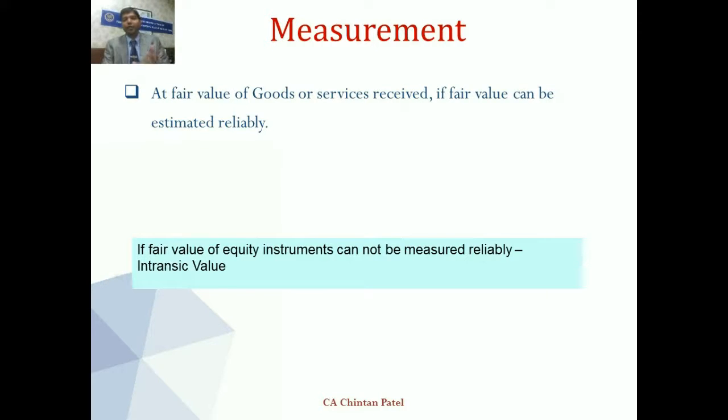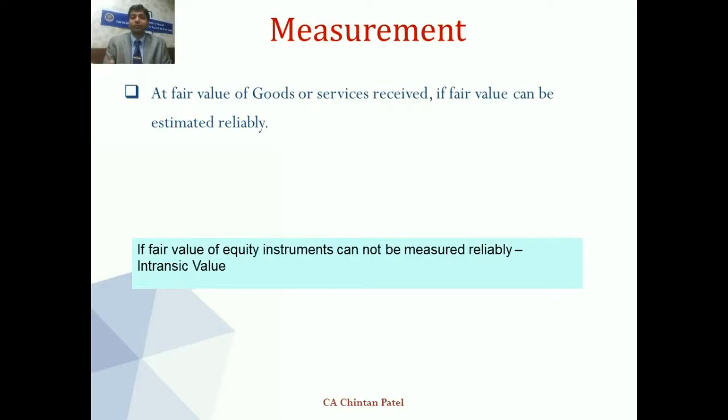Now if the employee is providing services to the company and the company has issued share-based payment, ESOP, to the employees, then the standard says it is possible that the company is not able to reliably measure the services rendered by the employees, because when employees receive both remuneration and share-based payment, it is very difficult to determine what portion of the service is consumed by the company with respect to only the share-based payment.